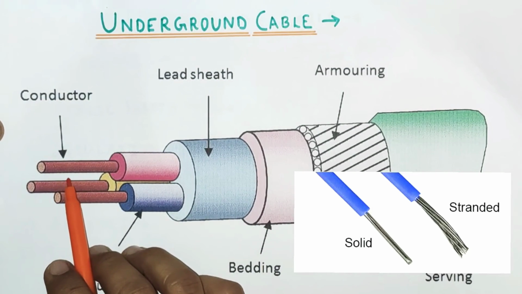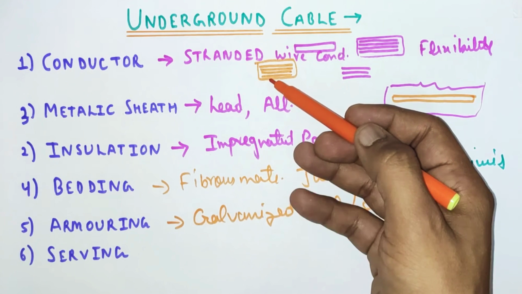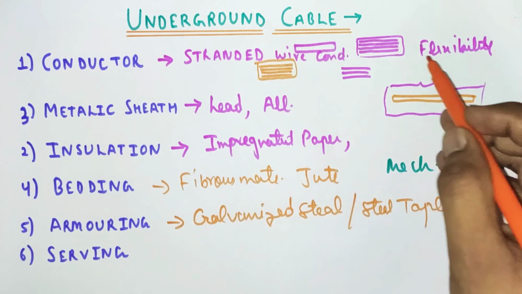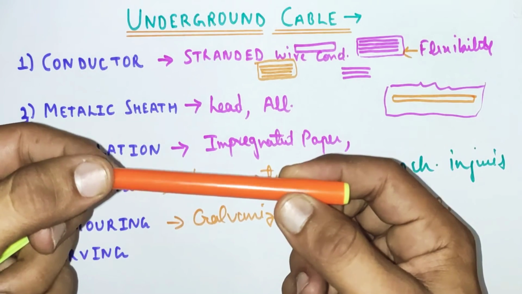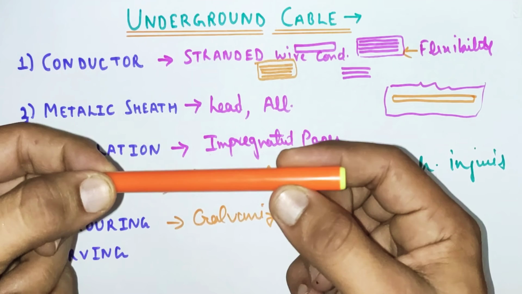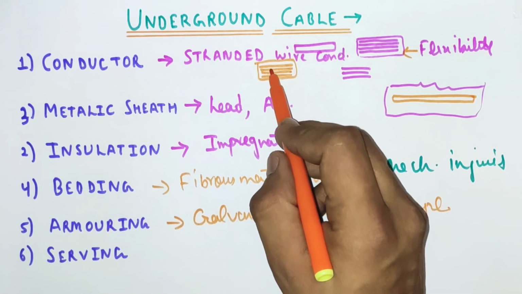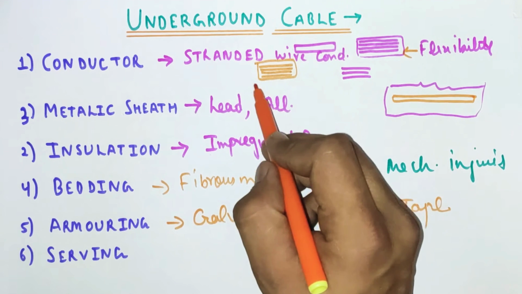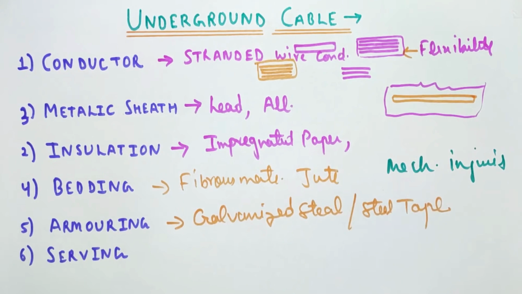So why are we using a stranded conductor in underground cables? To provide flexibility to the cable, because if a single solid conductor is used, the cable will not be flexible. But if we use small thin wires to make the conductor, then the flexibility of the cable is increased.